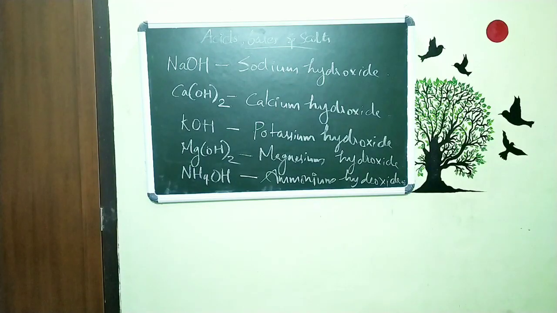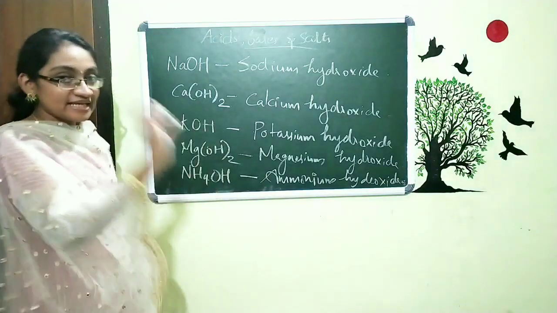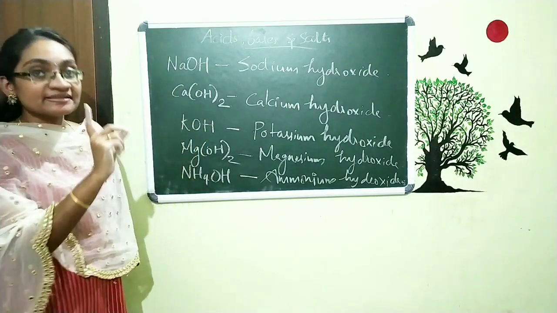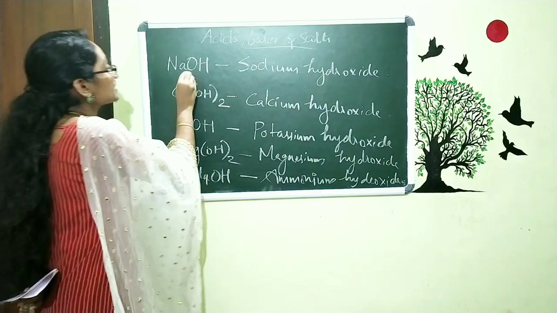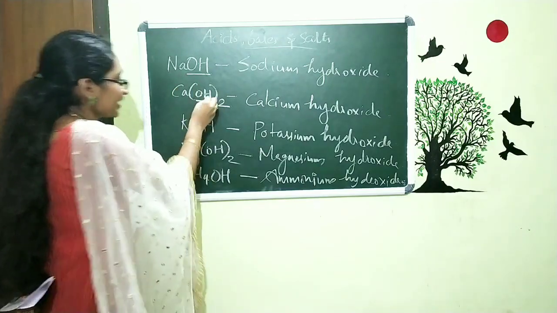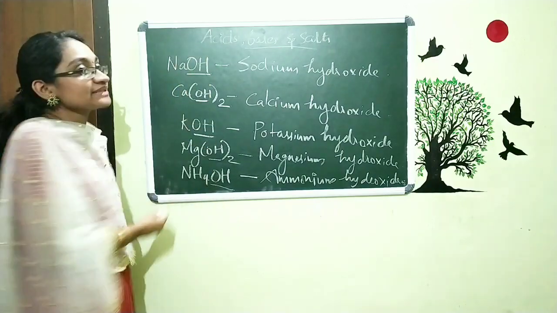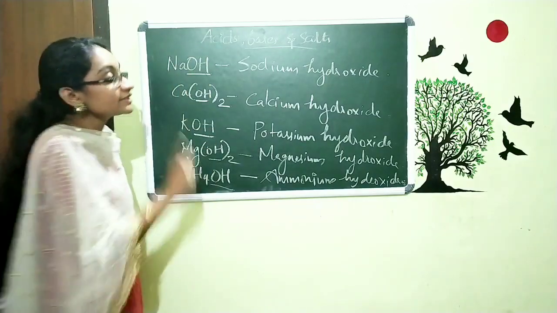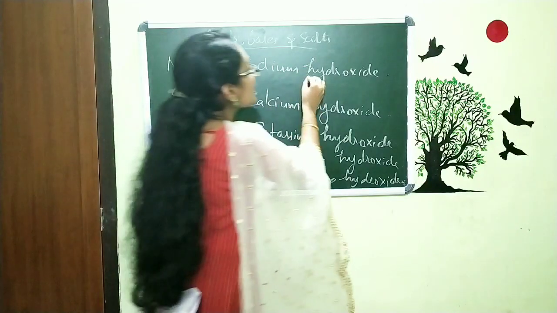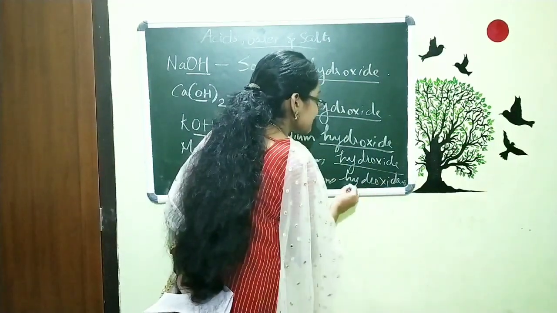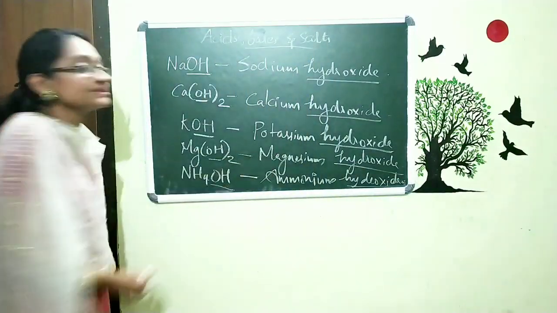Now you can see at the board, these are what? Bases. So, acids and bases are here. When you observe this, you can see in the chemical formula, here we have OH. This OH is in all these chemical formulas, and this OH means hydroxide. This hydroxide is in all these names.